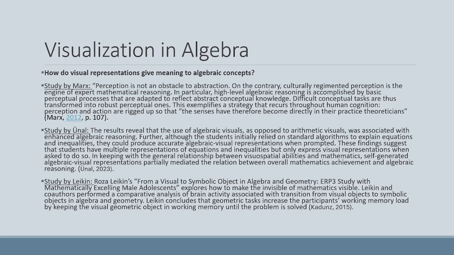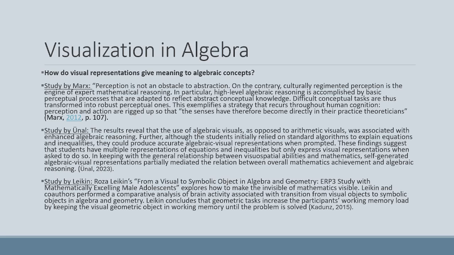These findings suggest that students have multiple representations of equations and inequalities, but only express visual representations when asked to do so. In keeping with the general relationship between visuospatial abilities and mathematics, self-generated algebraic visual representations particularly mediated the relation between overall mathematics achievement and algebraic reasoning.